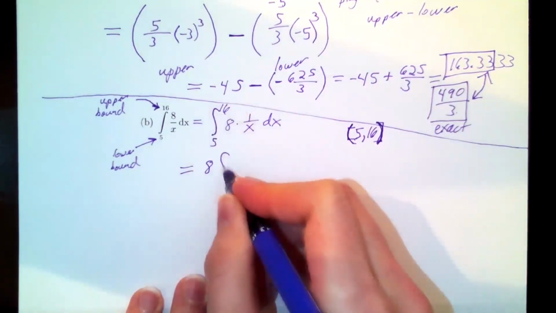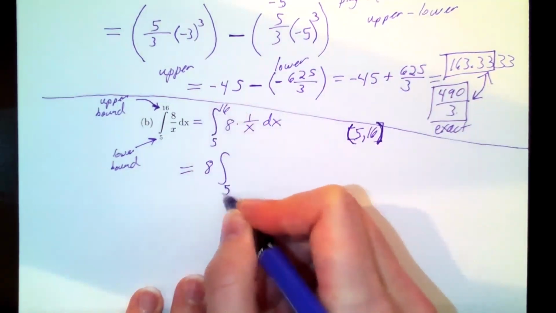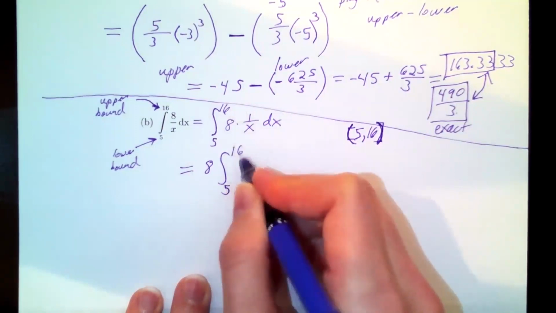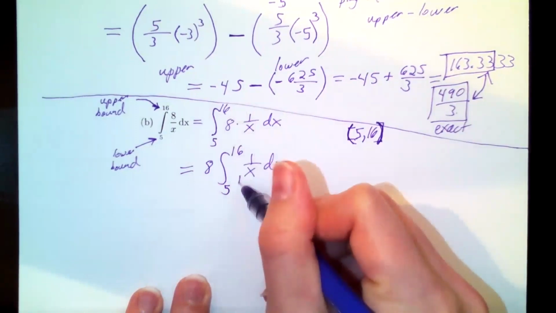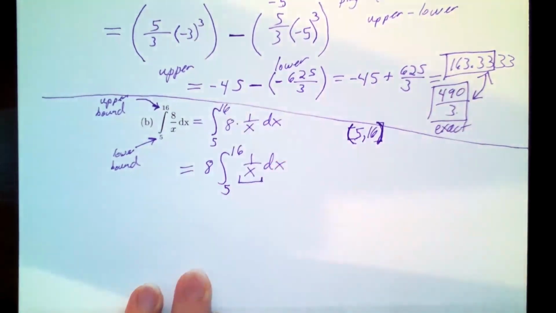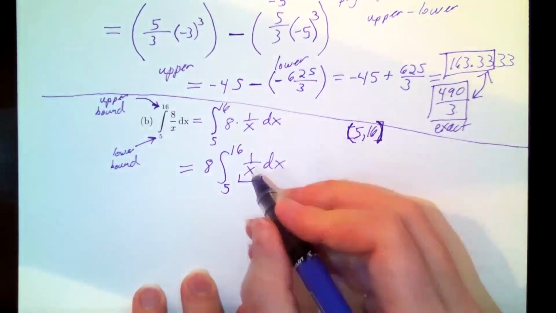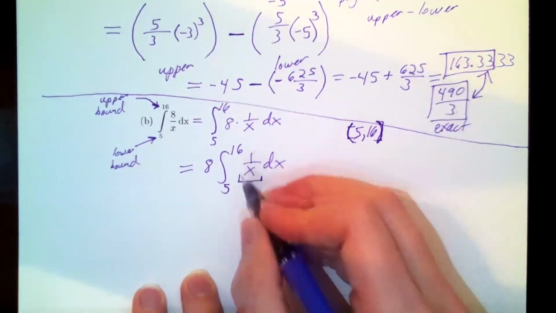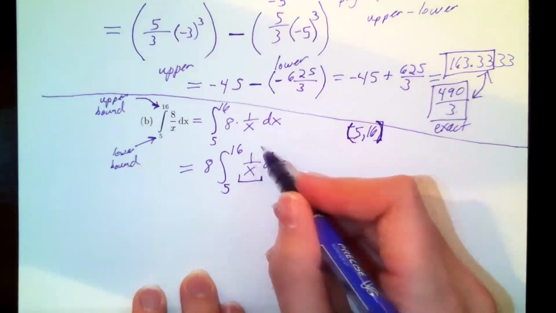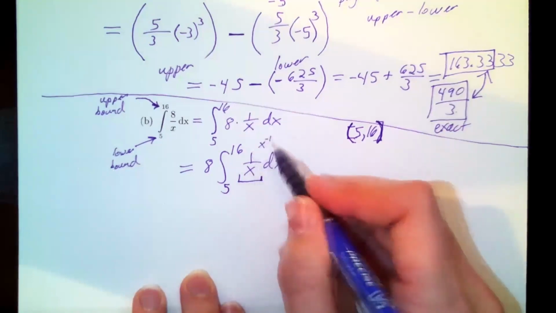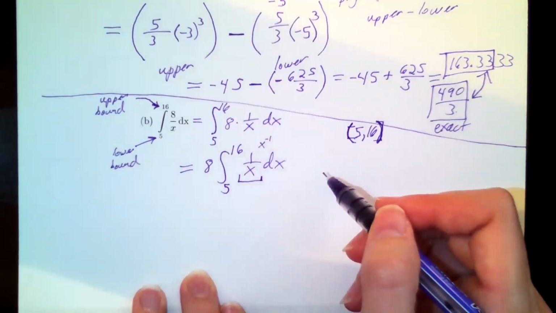That's the same as 8 times the integral from 5 to 16 of 1 over x dx. So then I can look, what is the integral of 1 over x dx? That's the same as x to the -1. And as it happened, we can recall from section 6.1 that the integral of 1 over x, i.e. x to the -1, is ln of x.